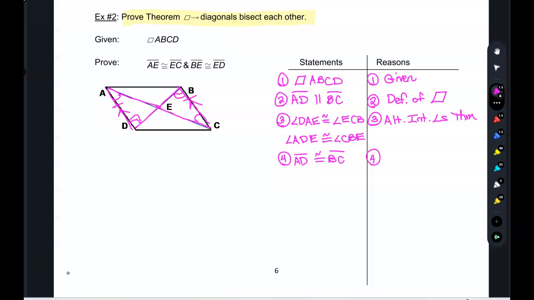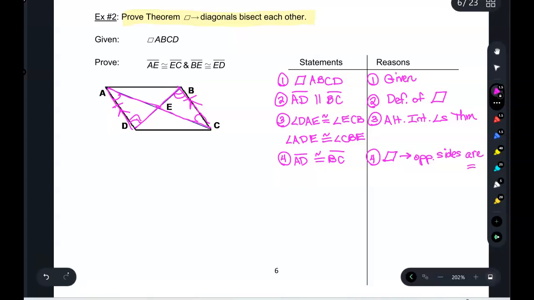Okay, so now the way we're going to write this, a parallelogram, and then the arrow, so that implies opposite. What are those? Those are sides, right? So sides, I'm running out of room. Congruent. Okay, do I have enough information to say these two triangles are congruent?